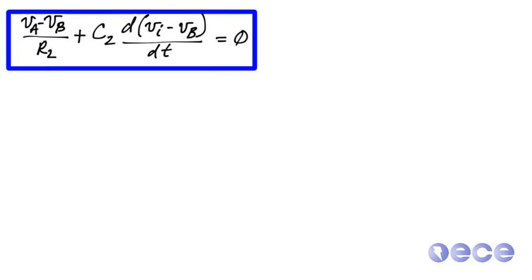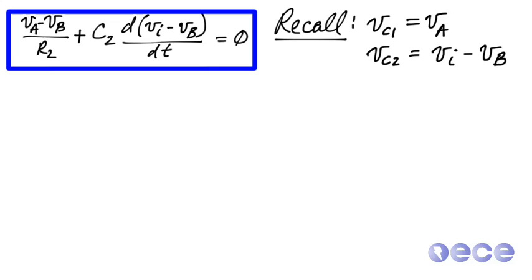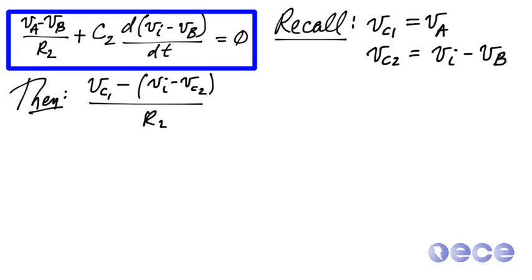Okay, so now let's look at the second nodal equation. Again, Vc1 is equal to V of A, and Vc2 is V sub I minus V sub B. So based on this, V sub A subs directly for Vc1, and V_B we sub for V_I minus Vc2. You can do a little bit of math, move this over to this side, put this over here. That's how we come up with that value.